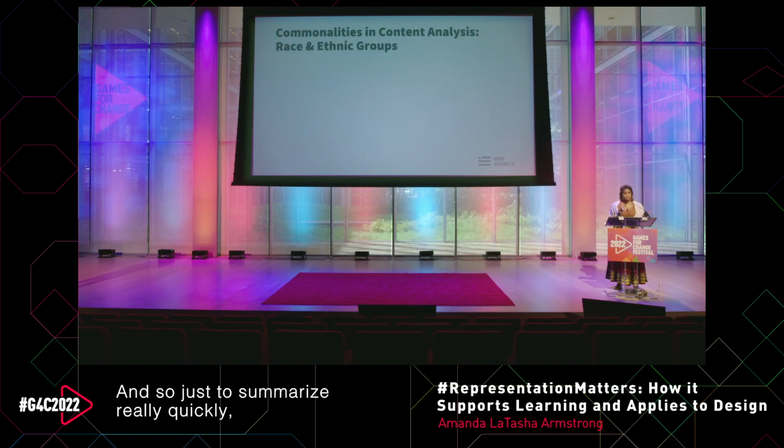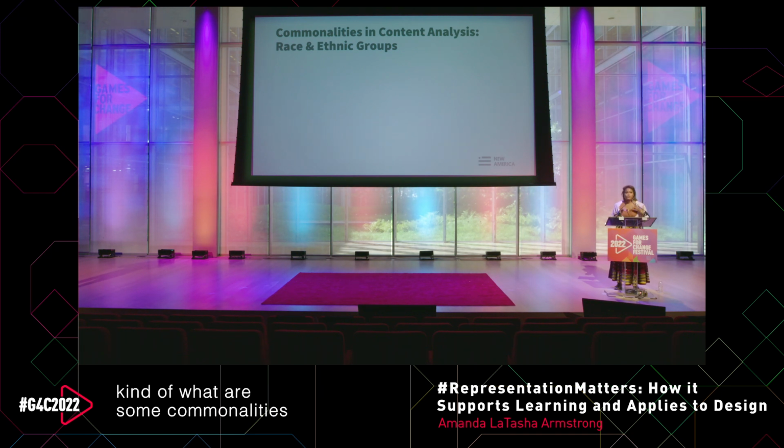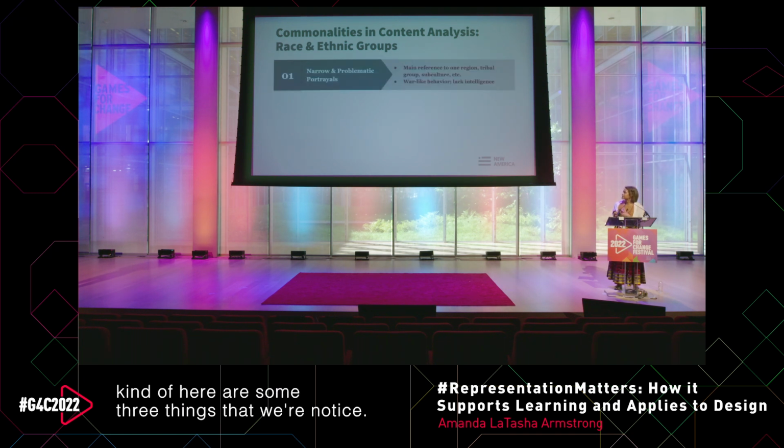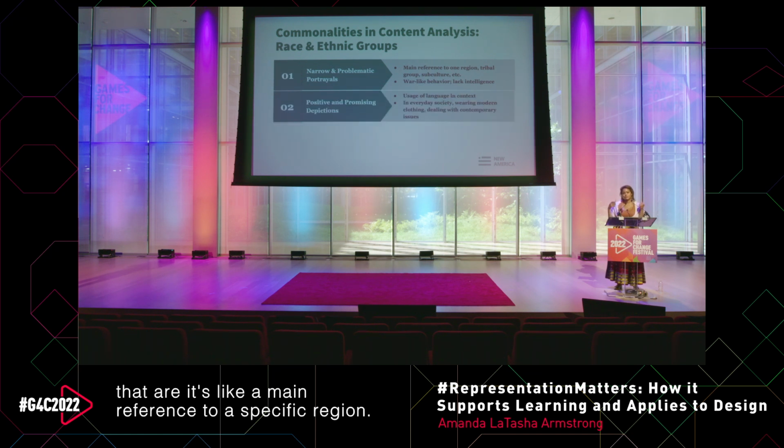Just to summarize really quickly, I'm not going to go into depth for this talk, but here are three things that were noticed. There are narrow and problematic portrayals for different communities, like a main reference to a specific region, or maybe warlike behavior.